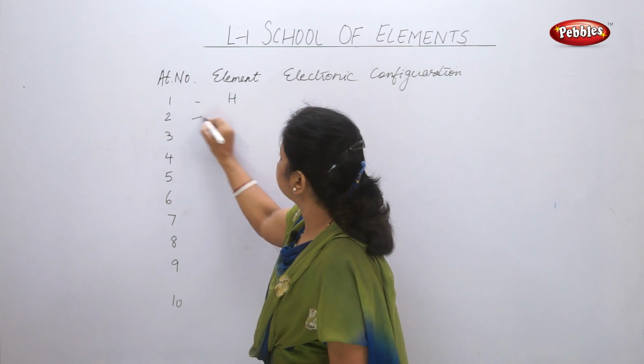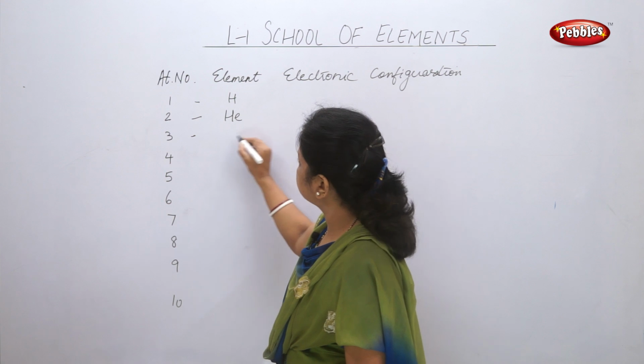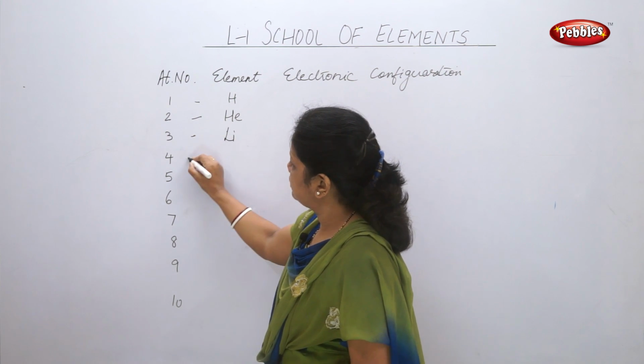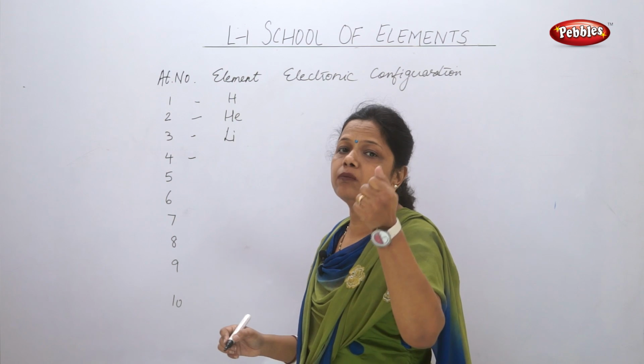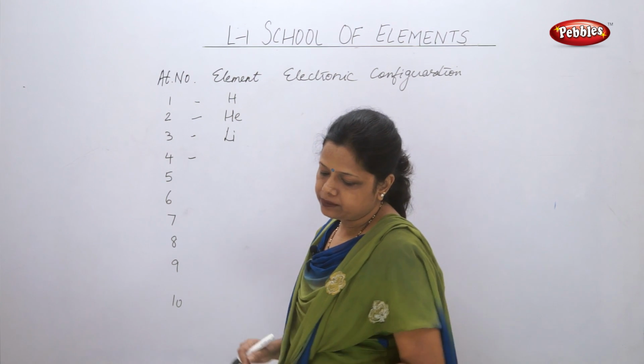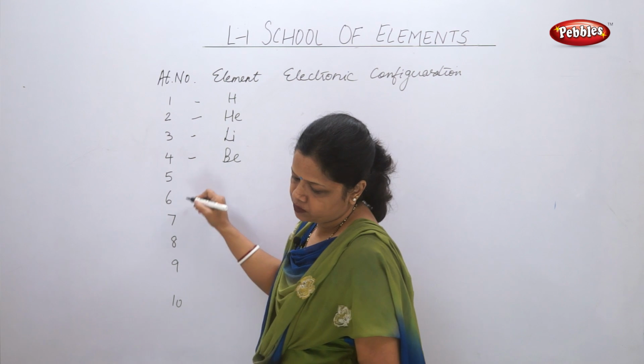Then second is helium, He. Then third is lithium, Li. Then fourth is, you can see and compare in your book the modern periodic table. Fourth is beryllium, Be.